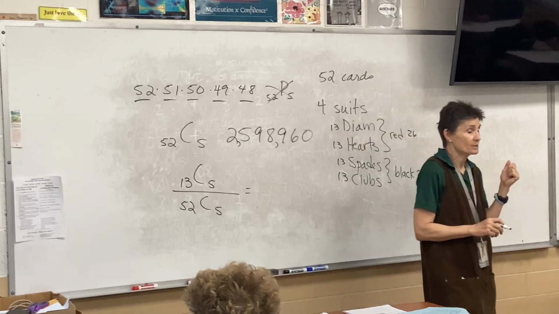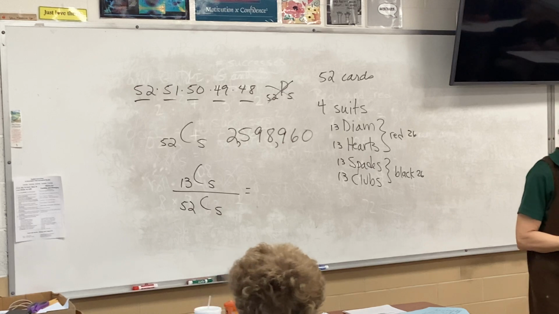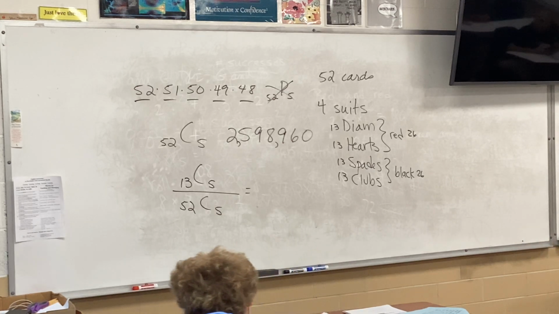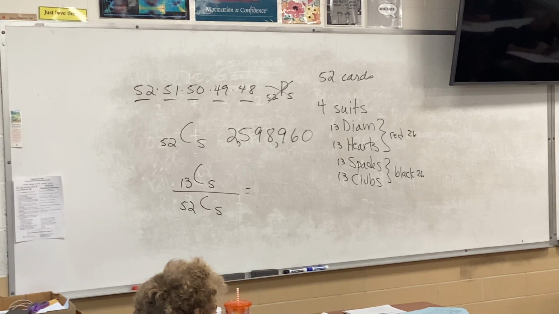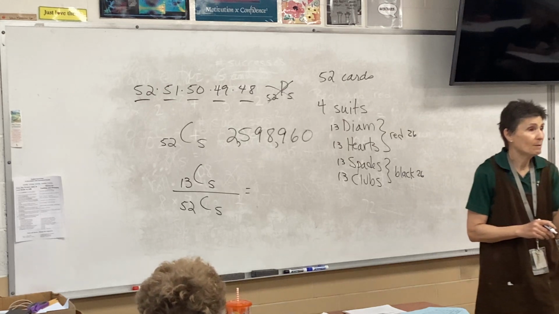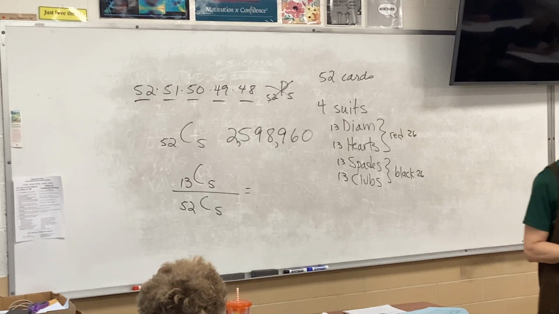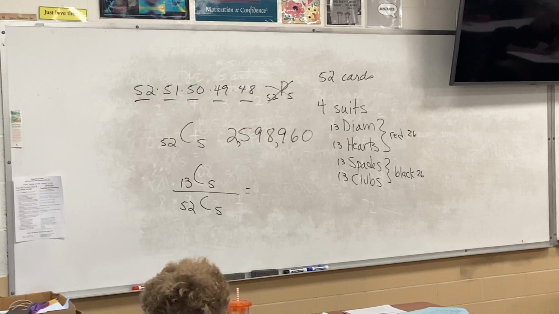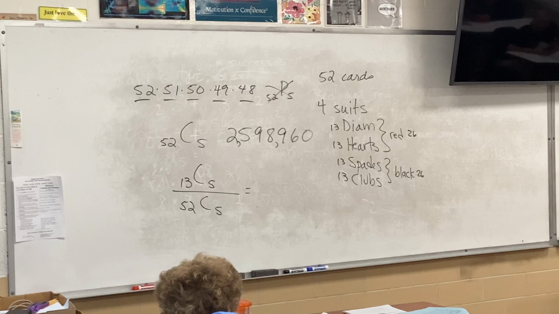I want you to type 13C5. You know how to do that. And then just hit divided by 52C5. You don't need any parentheses. This is a probability, so it's going to come out as a decimal, and it might be a pretty small decimal. You got an error.